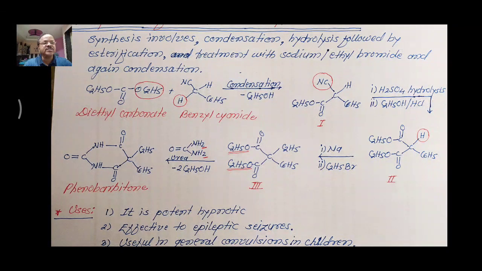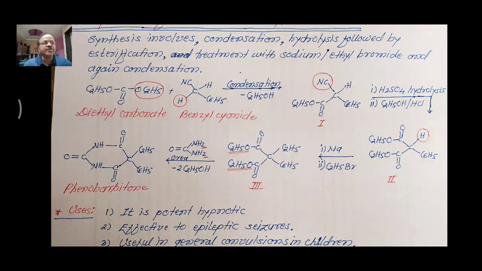In the second step, reaction with C2H5OH in the presence of hydrochloric acid is called the esterification step. After esterification, the COOH group is converted into COOC2H5, and we get compound number 2.